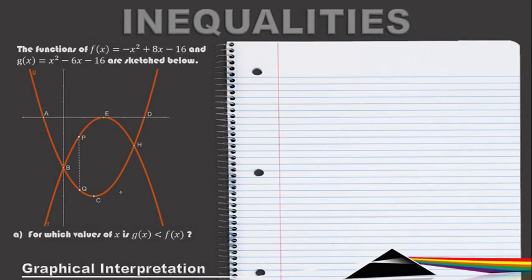Okay, so for which values of x is g(x) less than f(x)? So g(x) is this one. So where does it lie below f(x)? Where is it less than? That's going to be over here. This is where g lies below f. Okay, and then we found the intersects already.